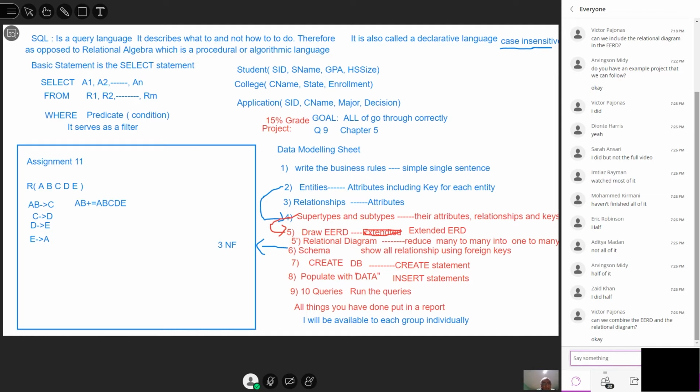Let's see first. What is the closure of BE? It is BE, and then we get A. Once we've got AB, we already know we are going to get everything else: AB gives C, then D. Now we could try to combine B with everything.